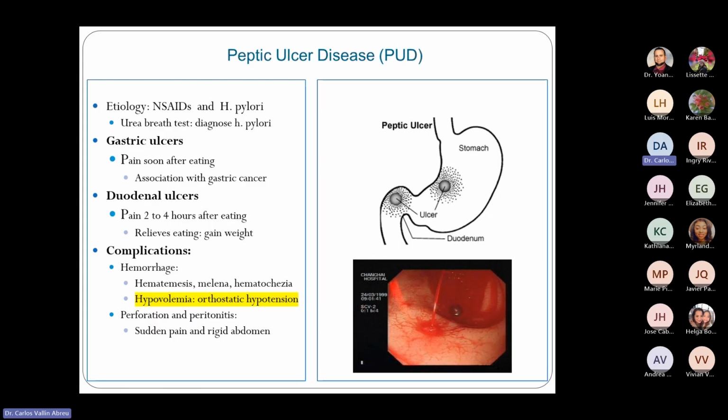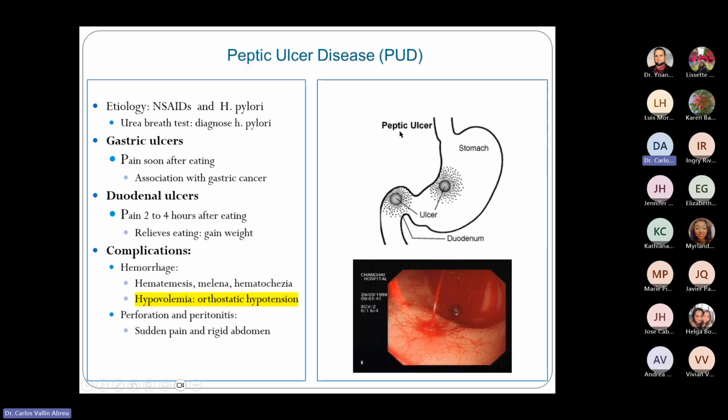The blood is going to be eliminated as melena, a tarry black stool, very stinky, and it is also a manifestation of upper GI bleeding.